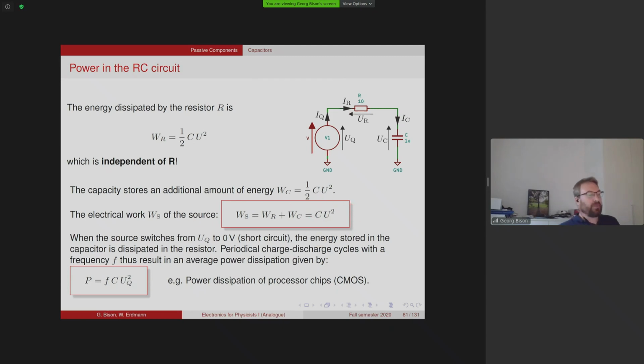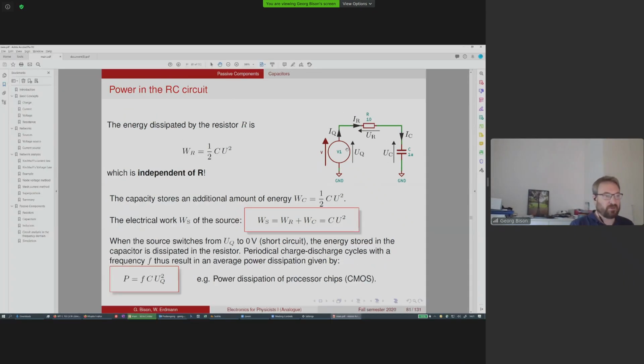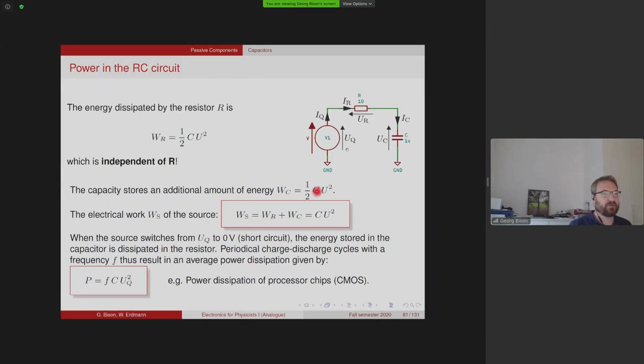And now imagine this is a capacitor in a processor, and charging and discharging are the logical ones and zeros in the processor. At the clock speed of the processor, we change the state of the capacitor.